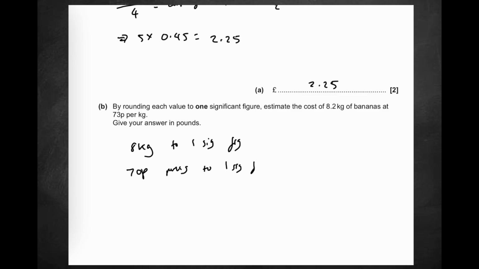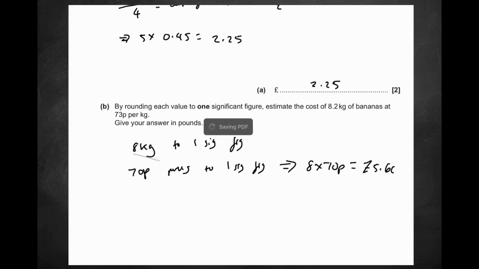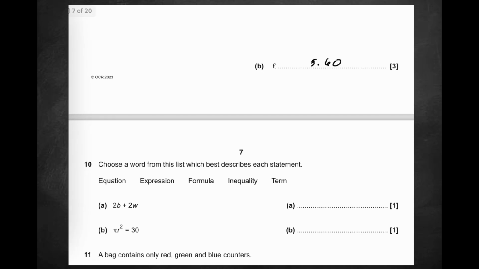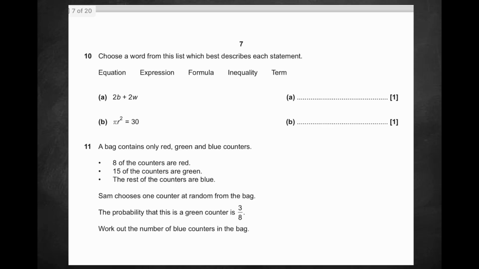Therefore, 8 times 70p is £5.60, and that will be our estimate.